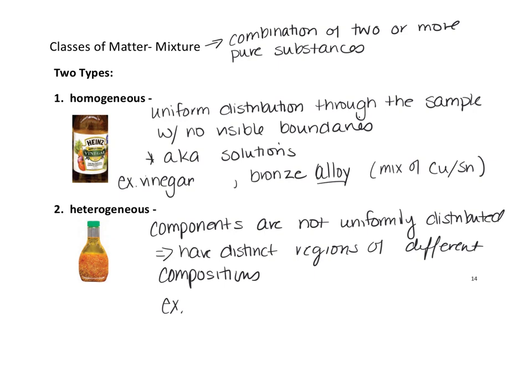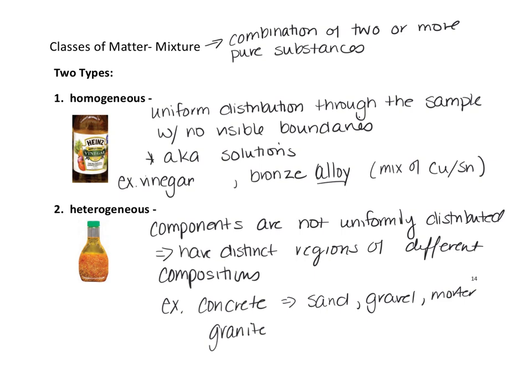So a good example of this is salad dressing. Concrete is another example because that's made up of sand, gravel, and mortar. We can see all those different pieces. It's not uniform. Granite is another example. If you've got granite countertops, you can see different flakes and pieces. It's not a uniform mixture there.